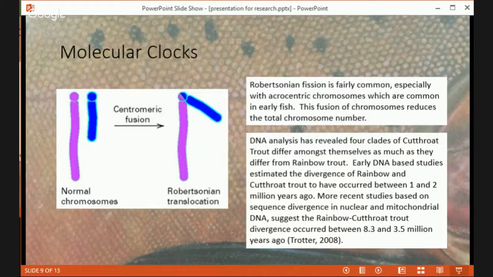So from this, we can assume that divergence from rainbow trout and divergence from each other, the different cutthroat trout species, began at roughly the same time. And other analysis of DNA suggests that this divergence event, this speciation event, occurred between 8.3 and 3.5 million years ago.